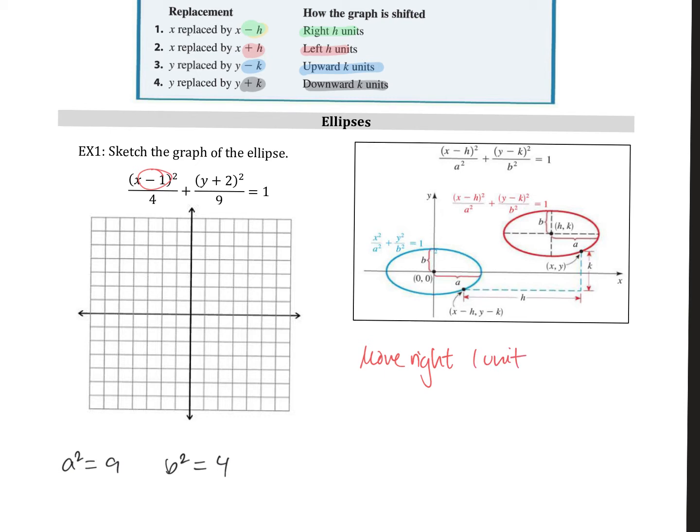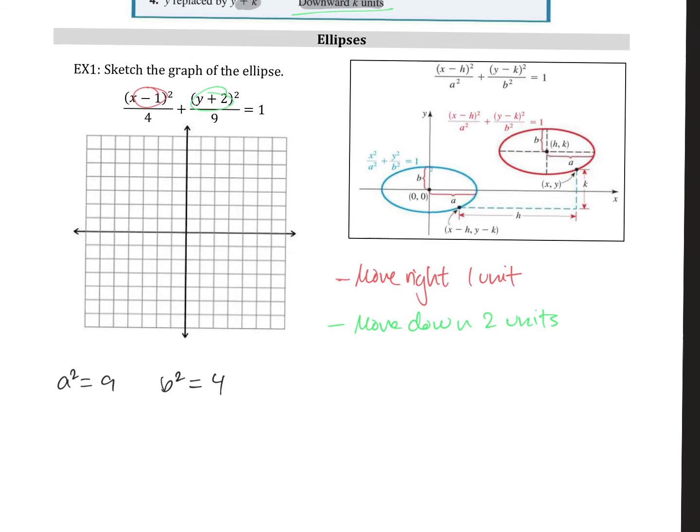And then on the y, we have a plus 2. When we add it, it means we're going to go downwards. So we move down 2 units. Okay, there we go. We have the changes. Please make sure to state those clearly. That is definitely something I grade for.